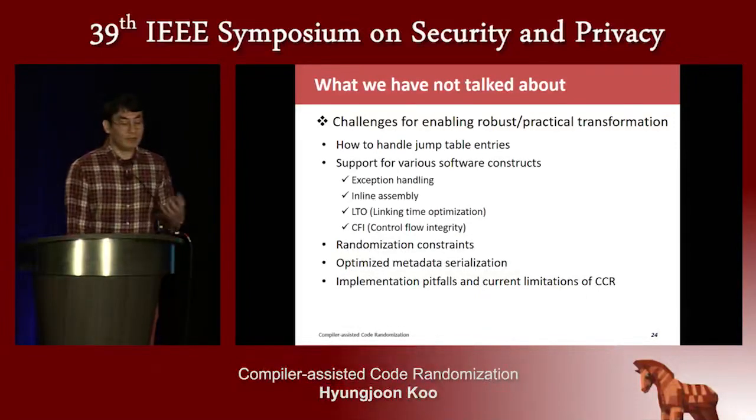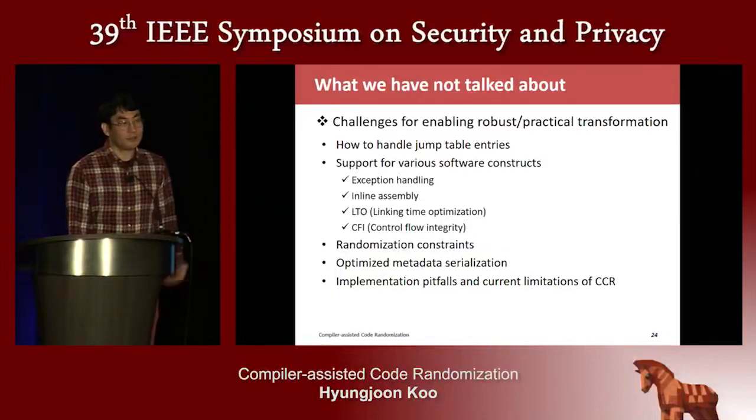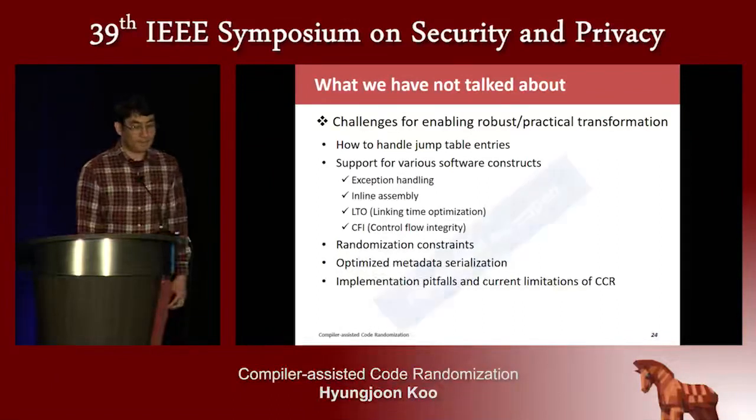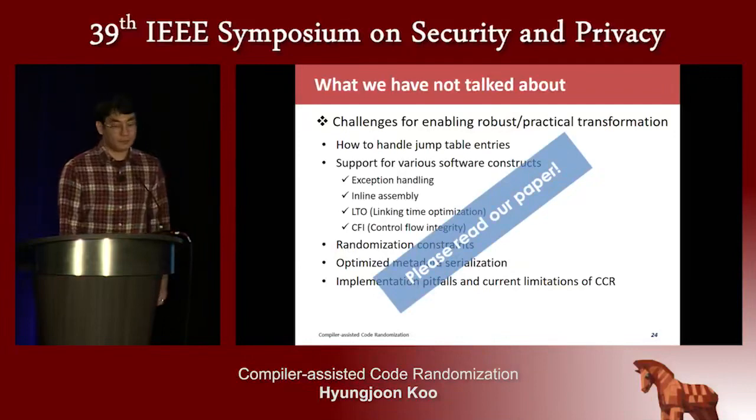We have several randomization constraints, and we also had some implementation pitfalls and some current limitations. But I think most of the limitations can be resolved with extra engineering effort. If you're interested, please read our paper.